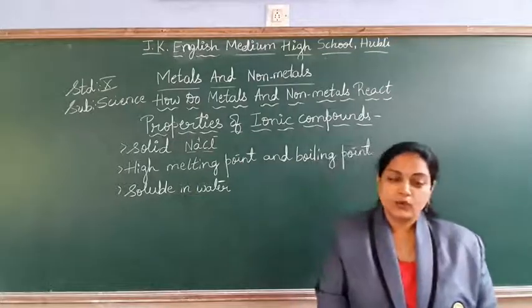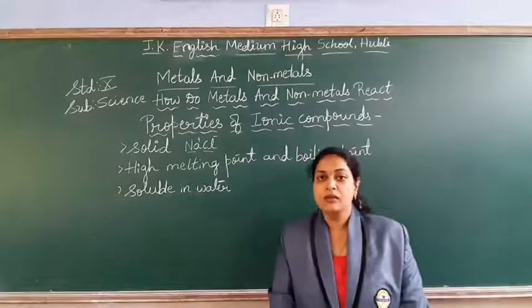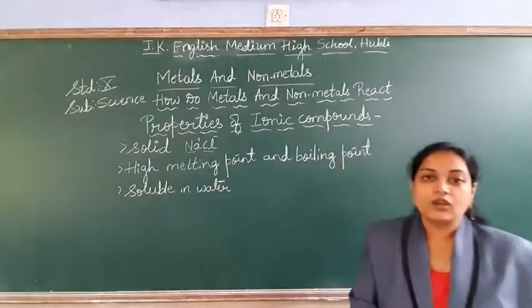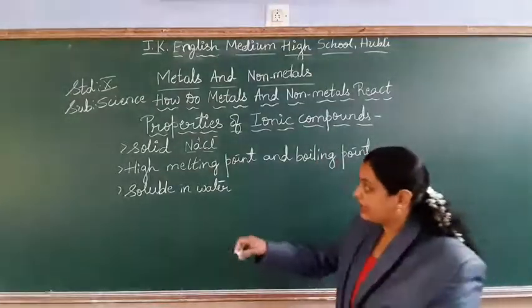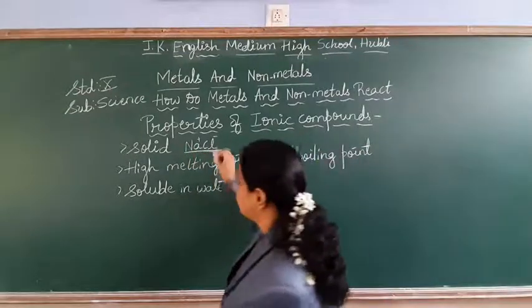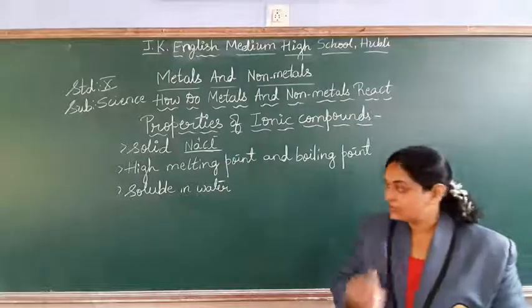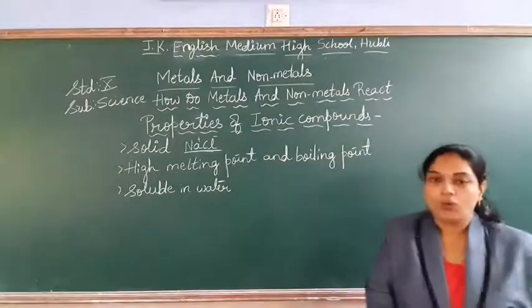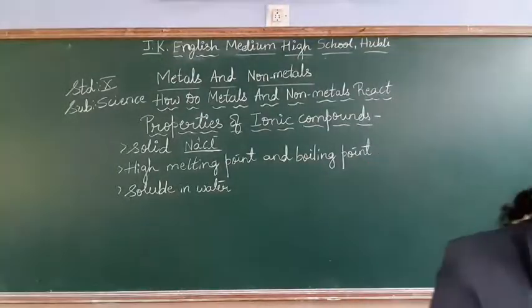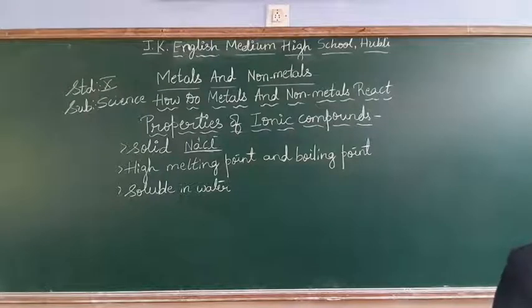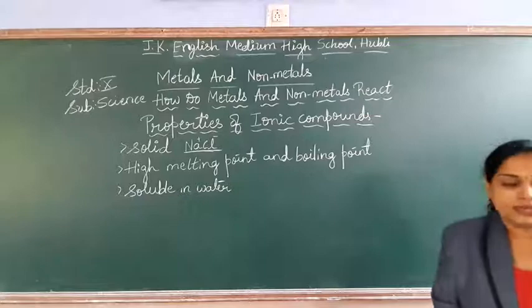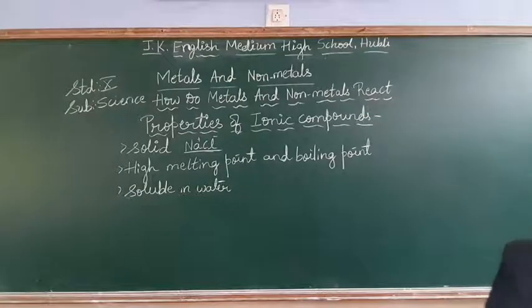It may be petrol, kerosene, carbon tetrachloride. So these are all organic compounds. In fact, you don't find the dissolving of the ionic compounds. They can dissolve only in water. So that is called solubility. So these compounds are soluble in water but insoluble in the organic solvents.